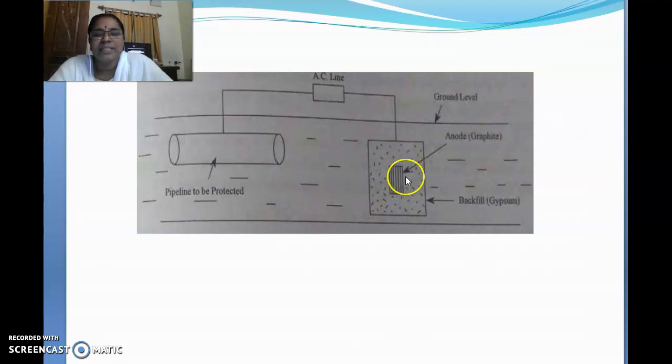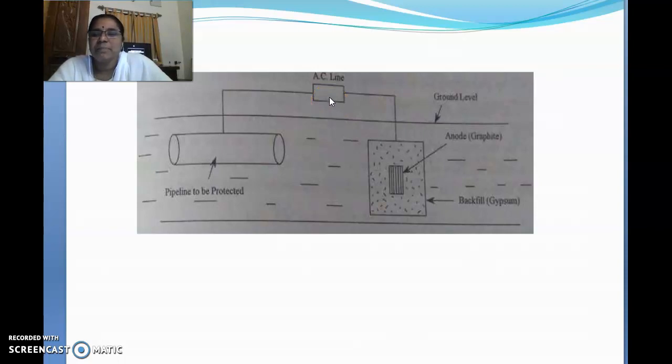And the anode is graphite, a noble, inert one. If it does not react with atmospheric conditions or whatever it may be, it does not undergo corrosion. In this way, you can protect the underlying base metal, because you are passing current. The AC line is nothing but an electricity current source. Hence, this is called impressed current.